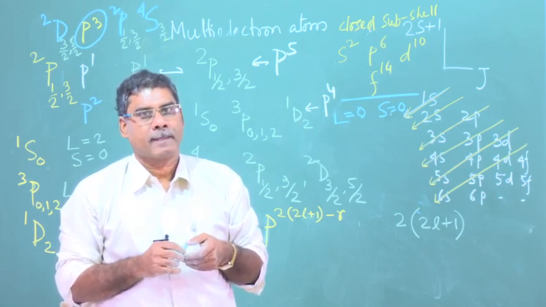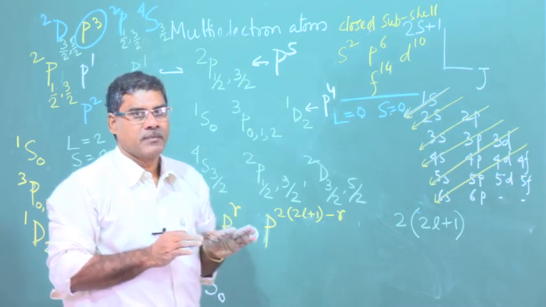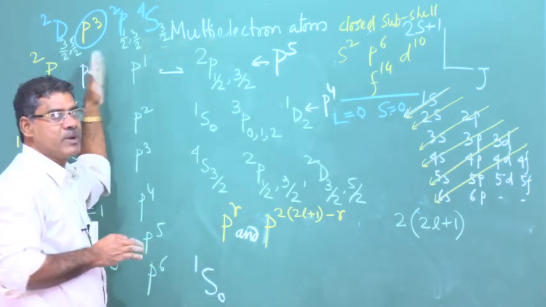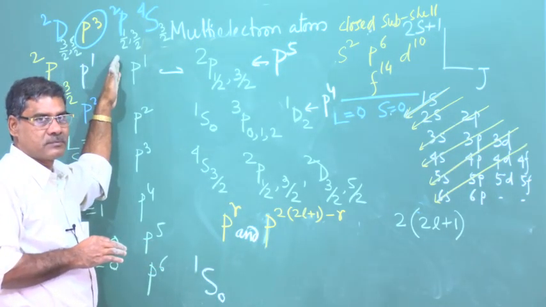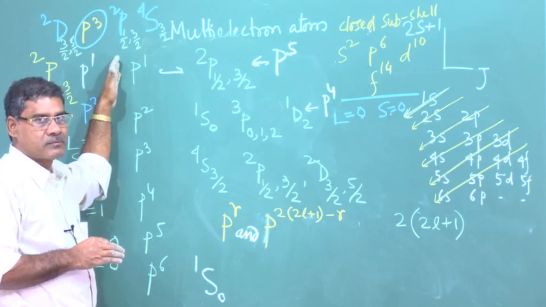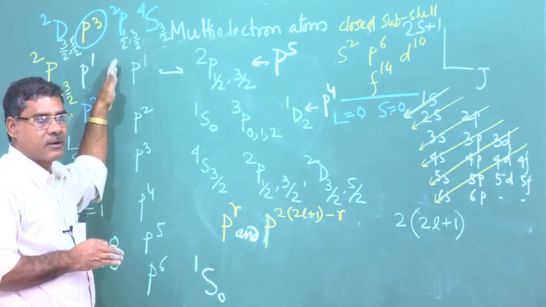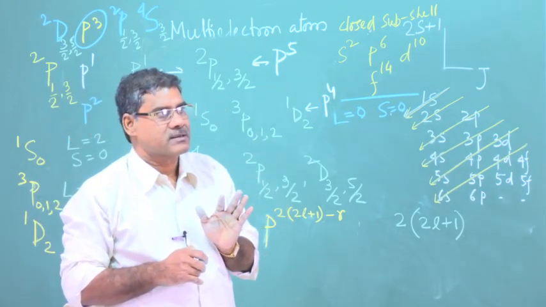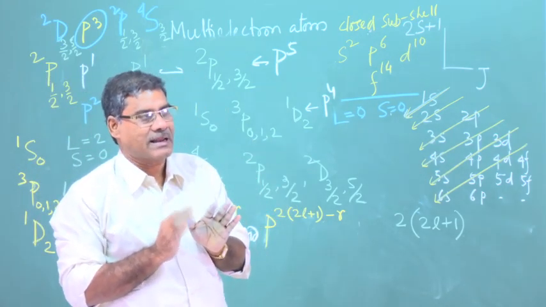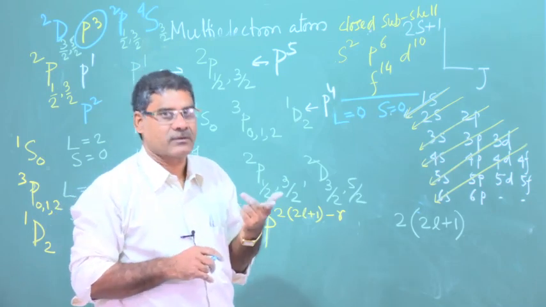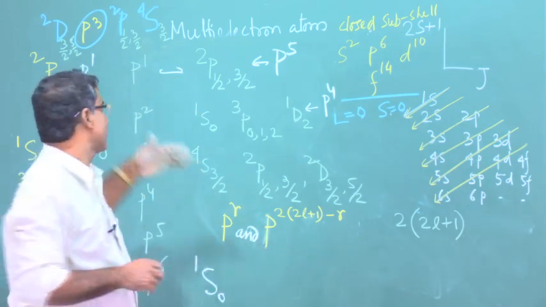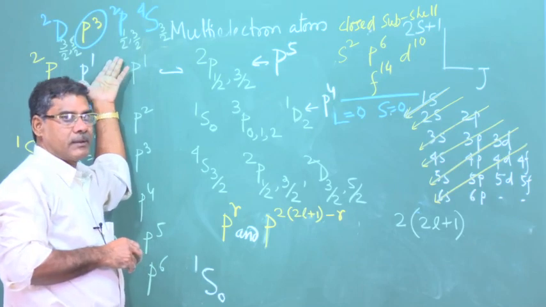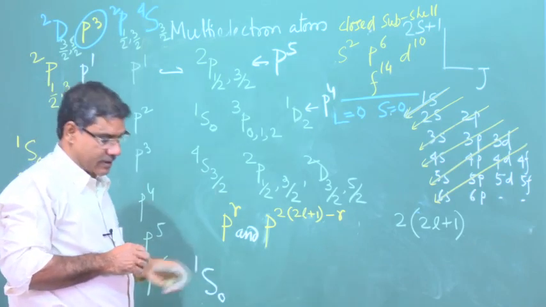Because 1s2 2s2 2p1... no, sorry, it is not lithium, not an alkali atom, because that is an S electron. For an alkali atom that is an S electron. So S data I do not have here, but I have calculated.